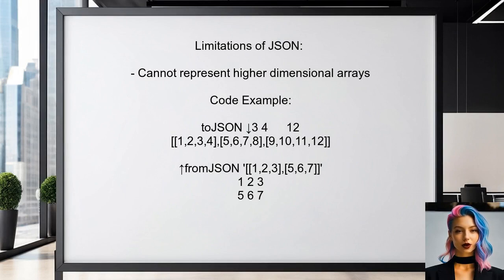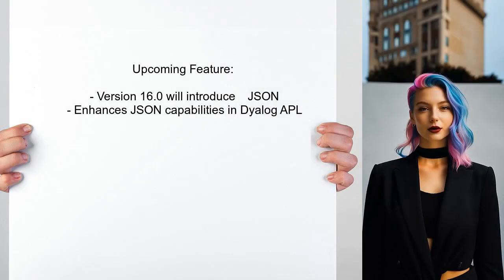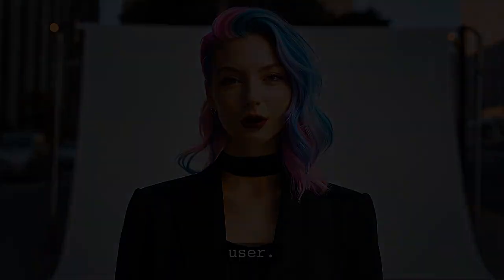The user provides examples of how to work around this limitation. Looking ahead, they mention that in version 16.0, an experimental feature called tJSON will be available, enhancing JSON capabilities in Dyalog APL.